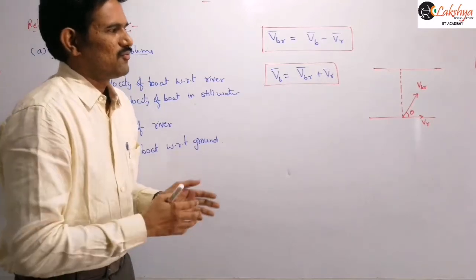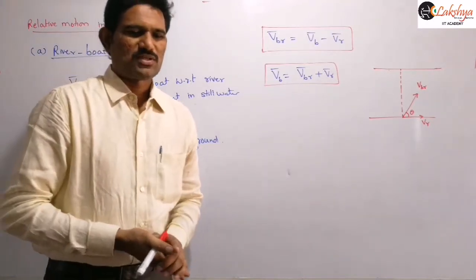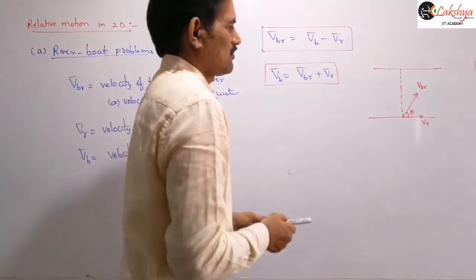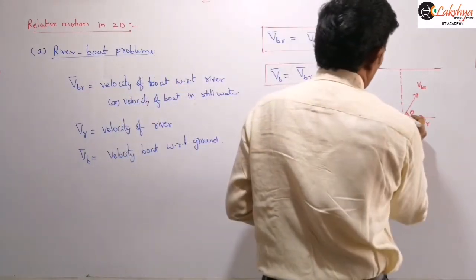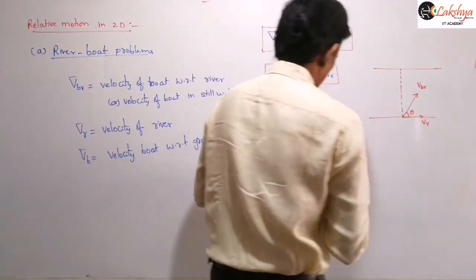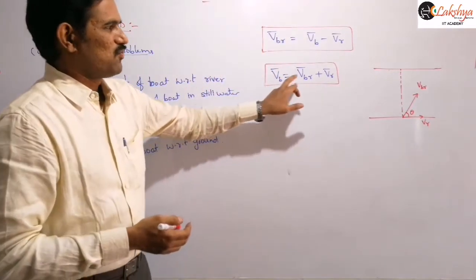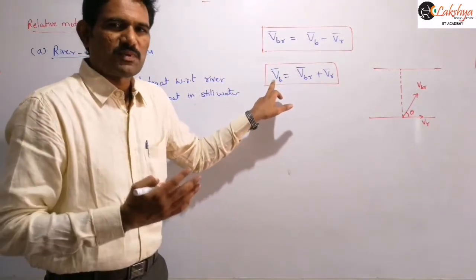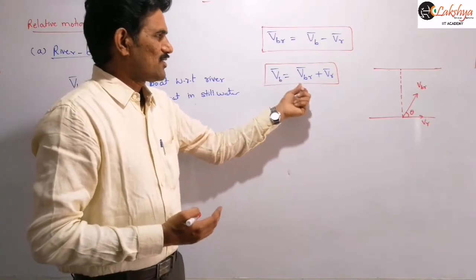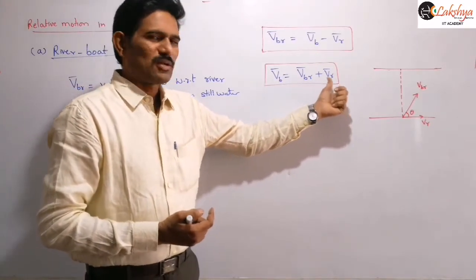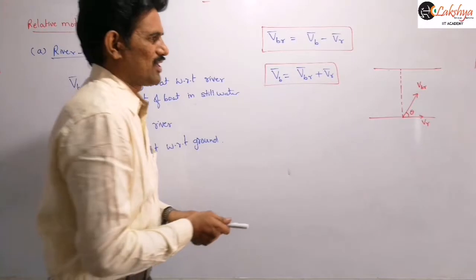And now from this we need to find the resultant velocity. We are taking a general example here. From this expression you can observe that velocity of boat with respect to ground is a resultant of velocity of boat with respect to the water plus velocity of the water, or velocity of the river.